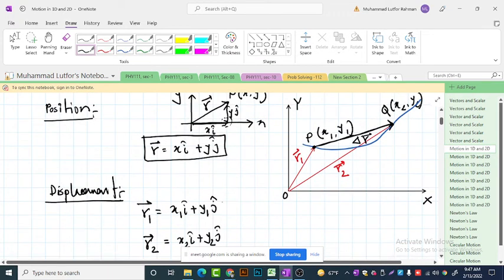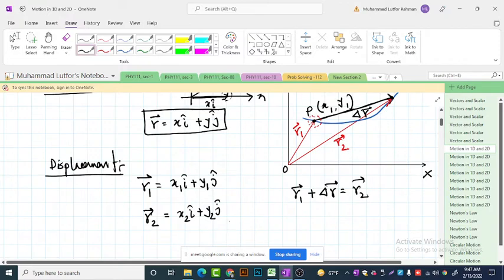Now look at this. These three vectors r1, r2 and del r are oriented in a head to tail connection. The head of r1 is connected to the tail of del r. Then definitely I can write r1 plus del r equals r2.